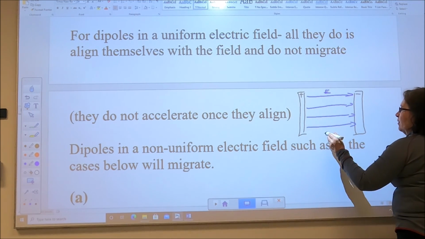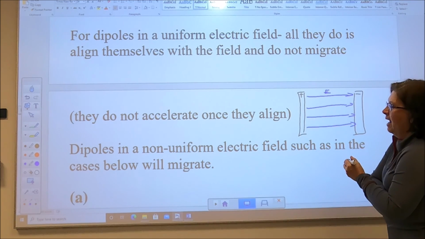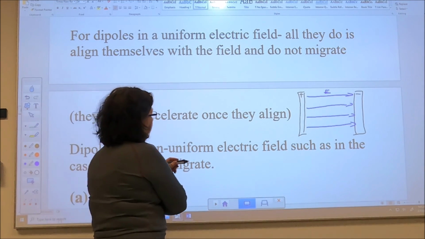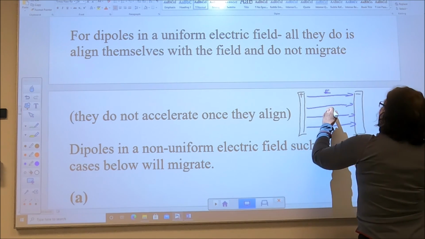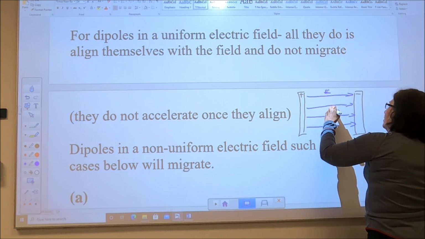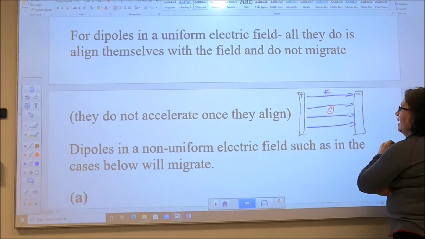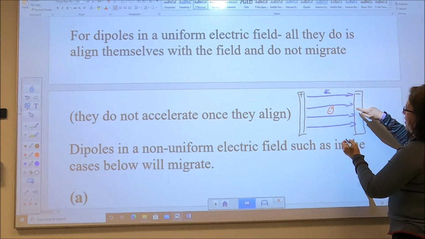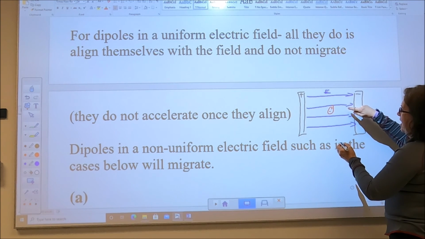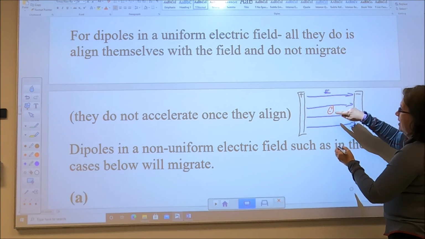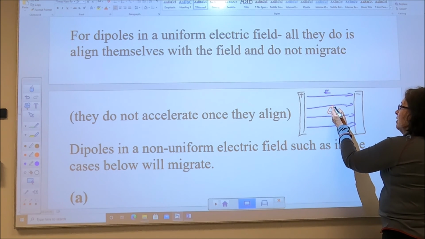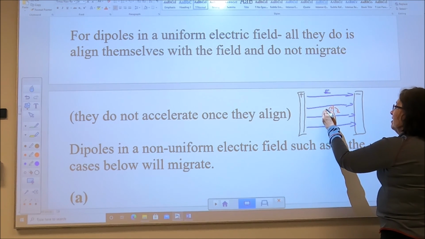Okay, so these would be electric field lines. Now, if I have a dipole in here, okay, with a positive end and the negative end. The positive end is going to be attracted to the negative plate. The negative end is going to be attracted to the positive plate. So what this thing does is it'll rotate.